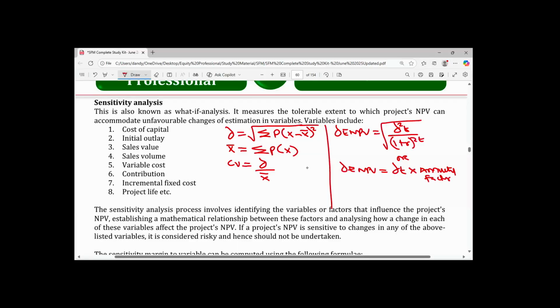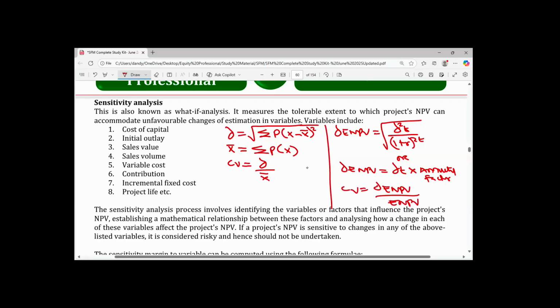And in the question, the examiner asks you to calculate expected NPV. You have calculated expected NPV, and you are now asked to calculate coefficient of variation. In that case, my CV will be equal to standard deviation of expected NPV over expected NPV.